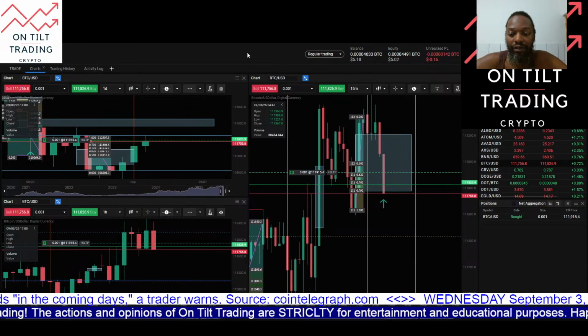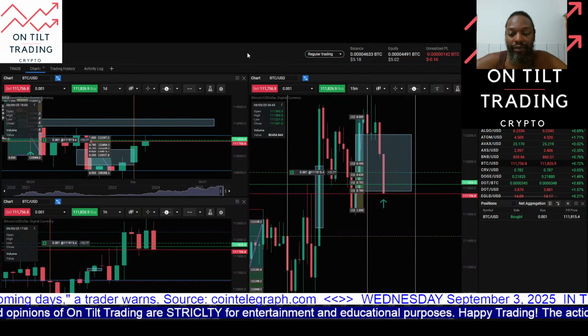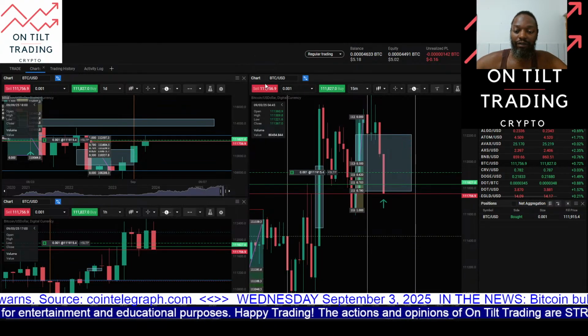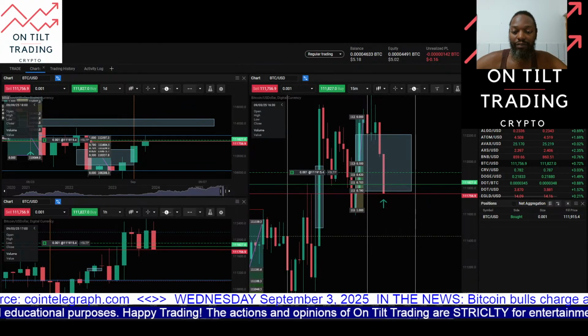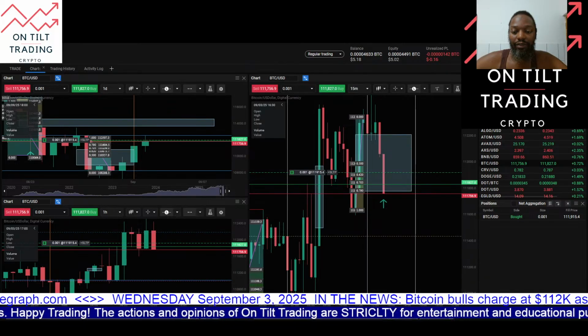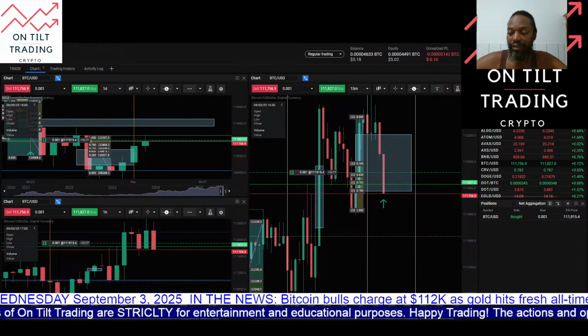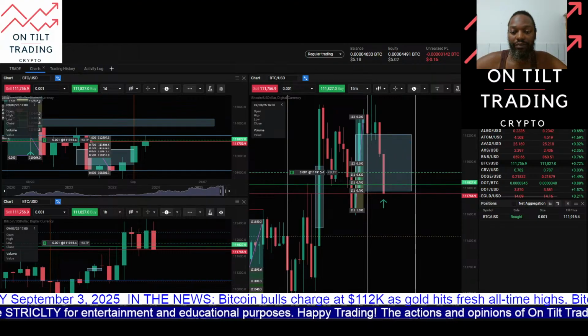We'll see if the offer will reach the rebalance of the fair value gap. Ideally, if the offer does reach the rebalance here, that would give a reaction for price to give some buy side delivery.